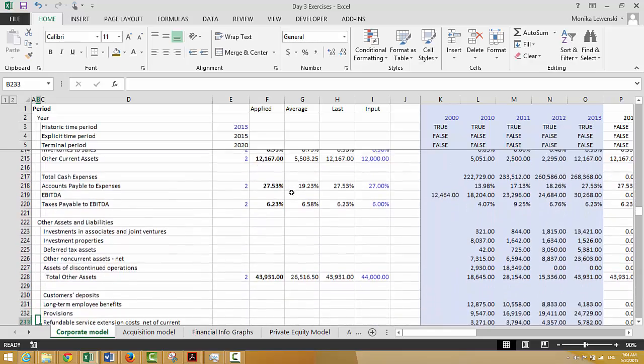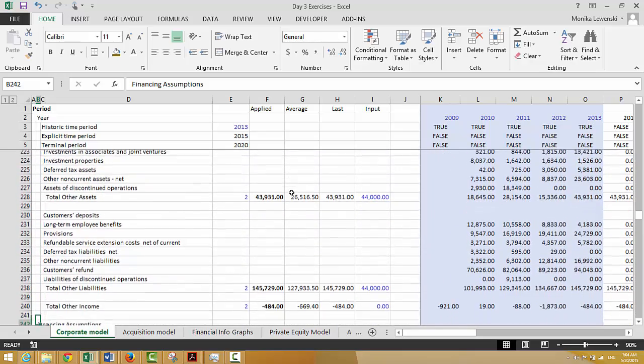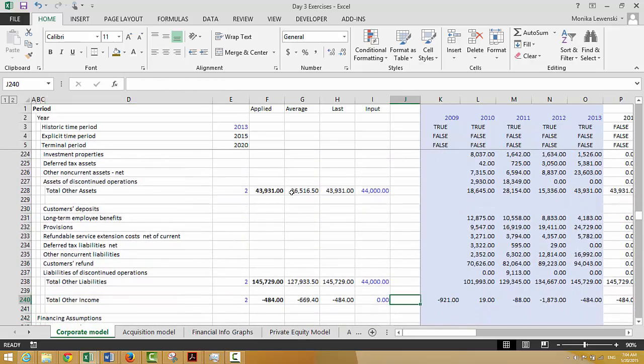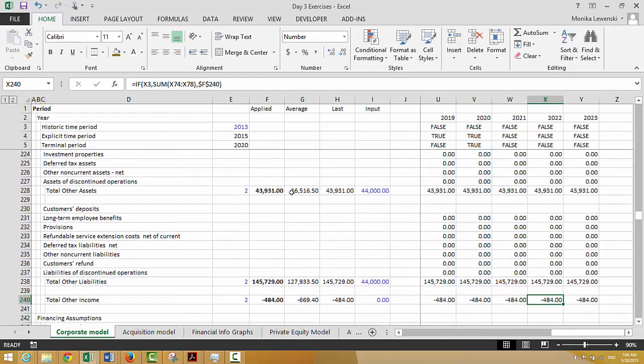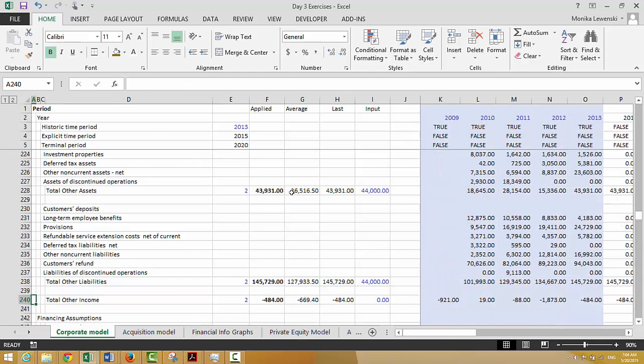Here's the other assets, and then hopefully I put total other income, and we had the historic level, and we made some kind of assumption with respect to that. And if we would have put our 3 here, we would have just put 0 other income in here, okay?